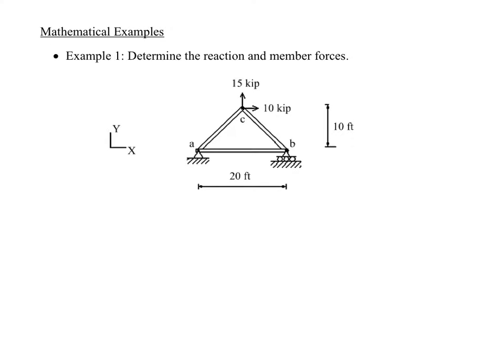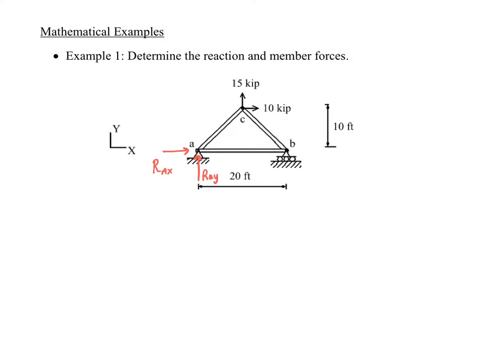So this structure has a simply supported member. And we see that here because this has a pin joint and this has a roller joint. And we talked about this already. A pin means that there is a reaction force here, which we call RAX. And there's a reaction force here, which we call RAY.